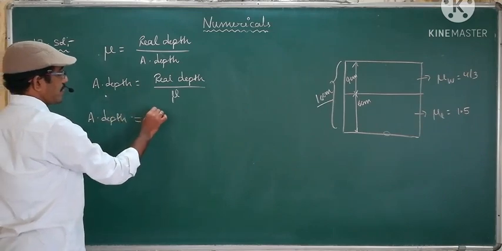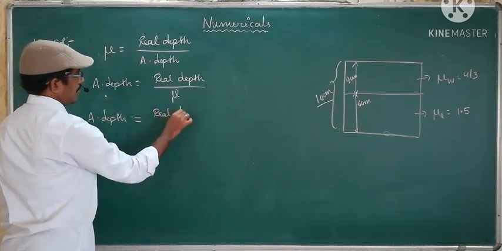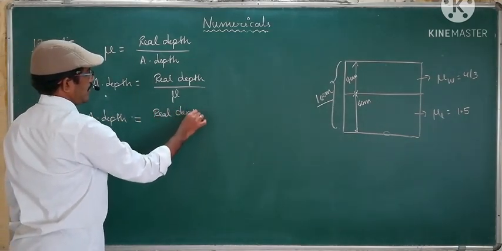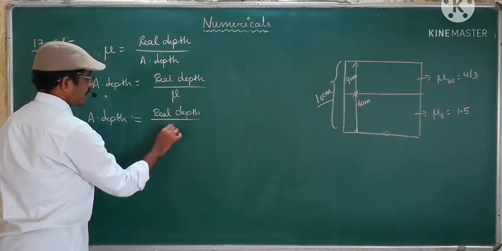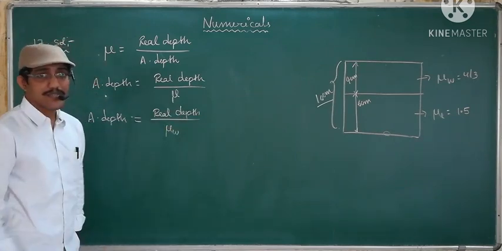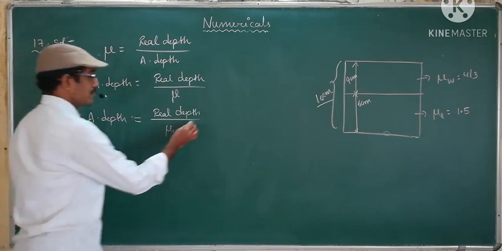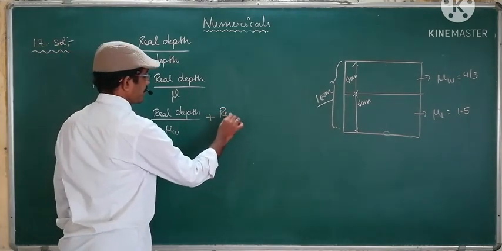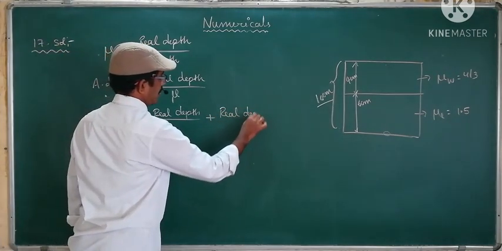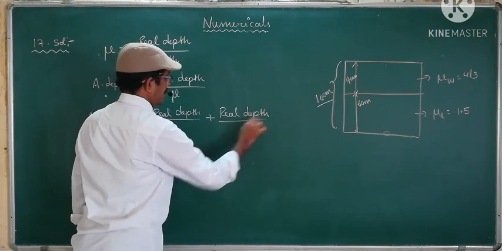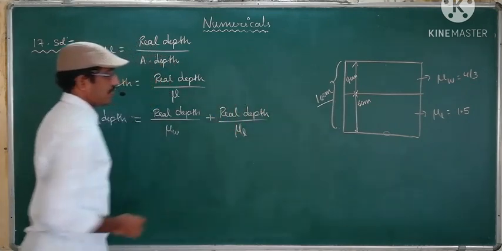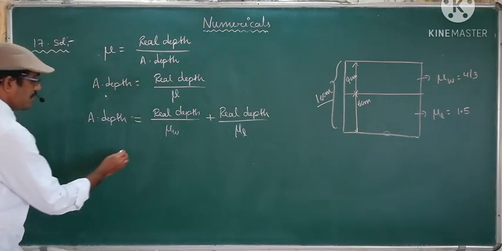Apparent depth is equal to real depth divided by refractive index of water, this is due to the water layer, plus real depth divided by refractive index of the liquid.